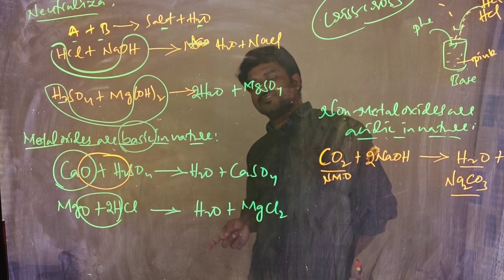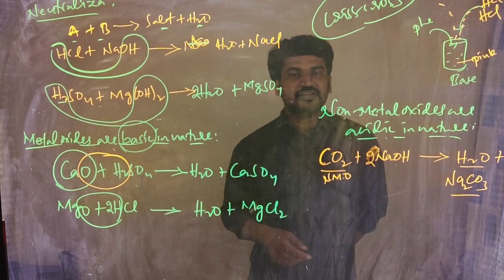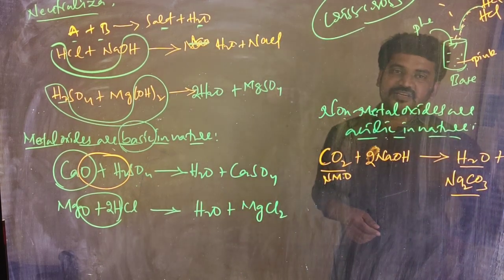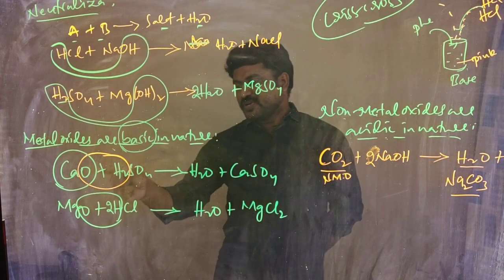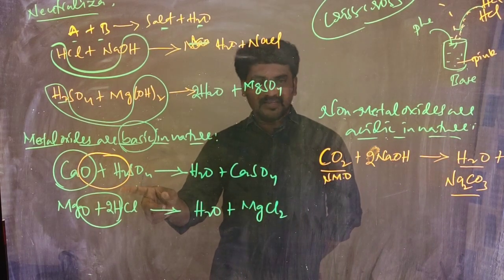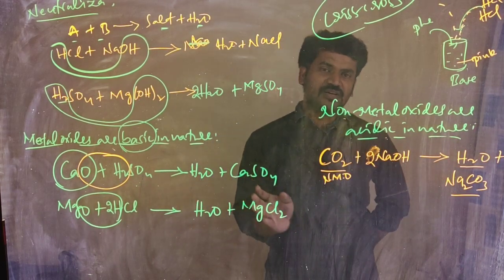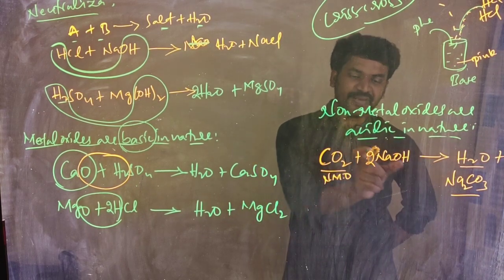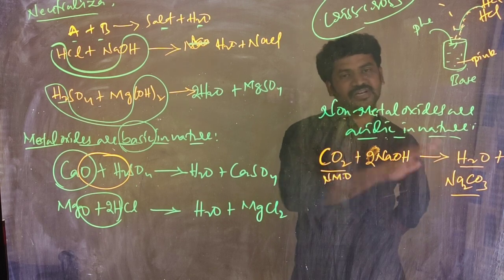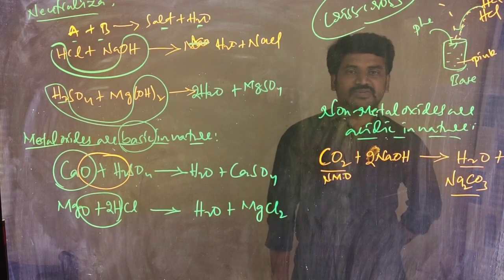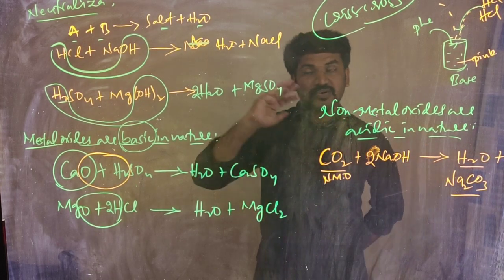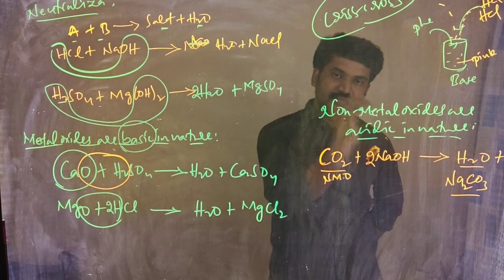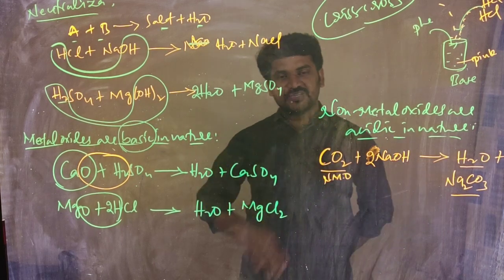And metal oxides are basic in nature: if you take a metal oxide with acid, you will get salt and water. And non-metal oxides are acidic in nature: if you take a non-metal oxide with a base, they also produce salt and water. So that is the thing regarding neutralization reactions and their comparisons.